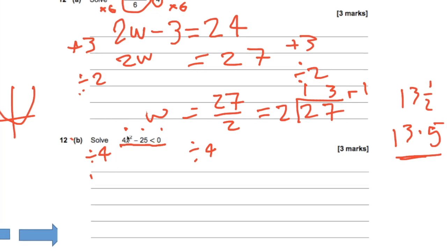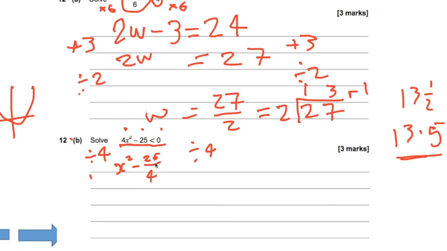So 4x squared divided by 4, 4 divided by 4 is 1, so we're going to have x squared. Minus 25 divided by 4, let's leave it as a fraction, minus 25 over 4. And that is less than 0 divided by 4, which will be 0.